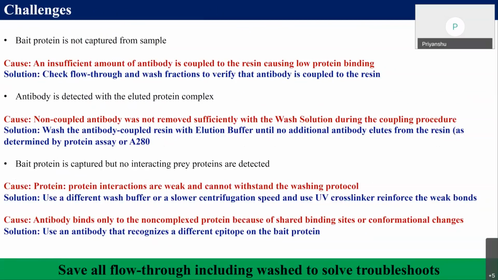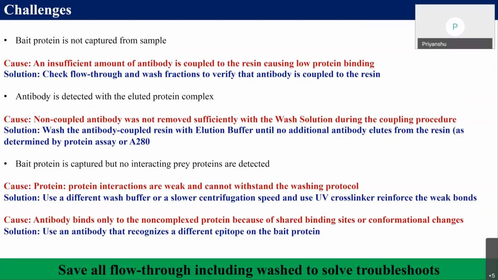In that case, you can't get the bait protein in the eluate. The bait protein is the antigen, so it may be because the antibody amount is very low, or the antigen concentration is also low, so you cannot detect it in Western blot. This is one challenge I was facing.